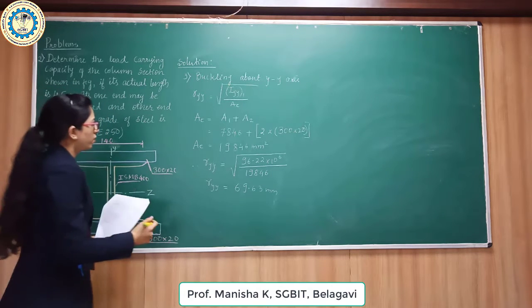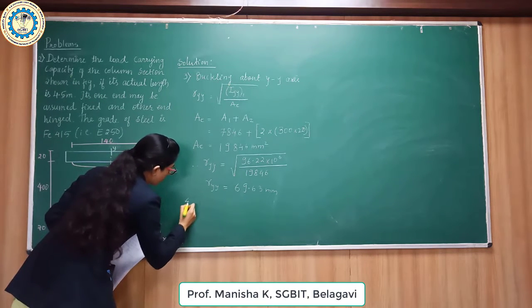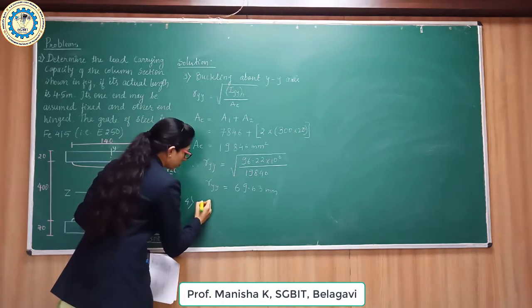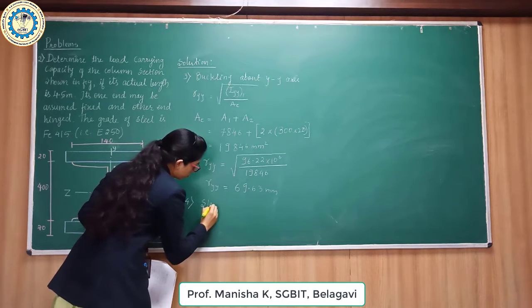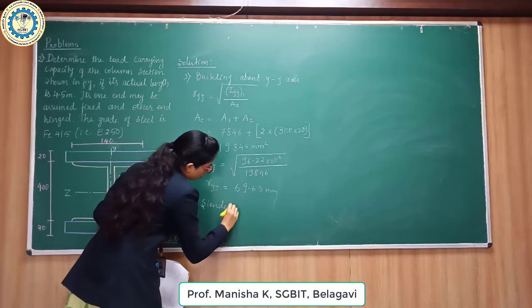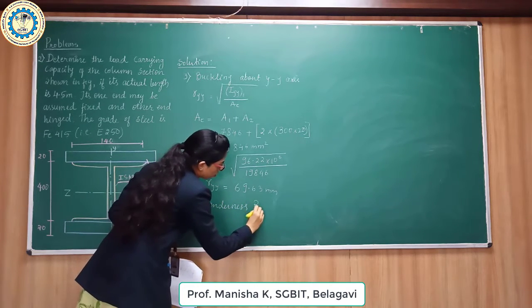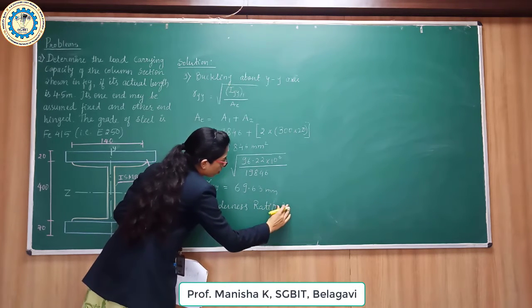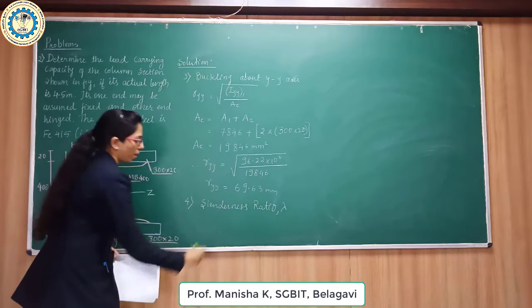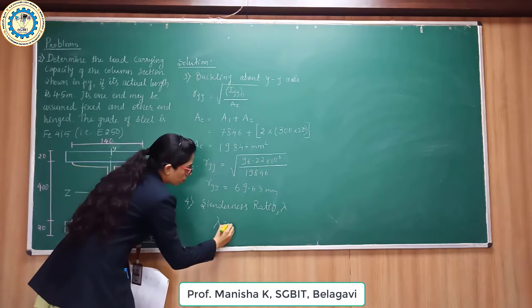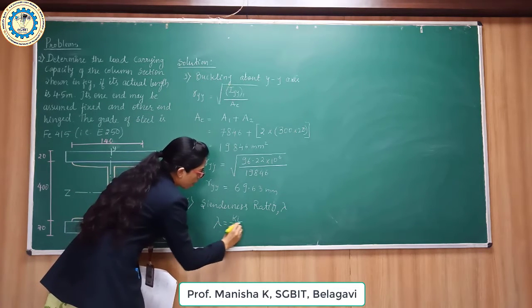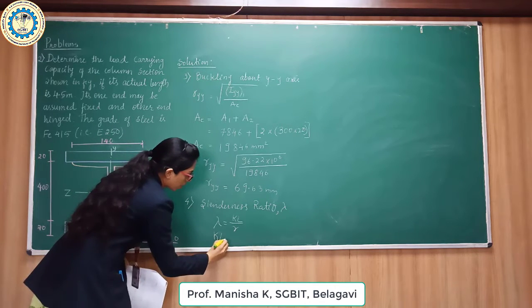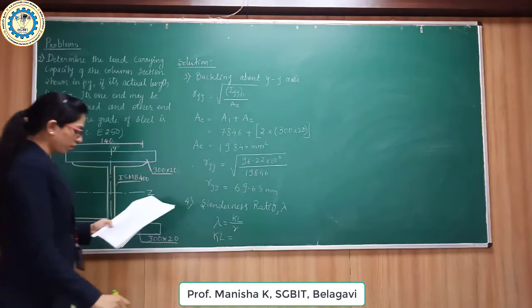Fine. Now we will move to the fourth step, to calculate the slenderness ratio, that is lambda. So lambda is equals to KL by R, and this KL is equals to what?